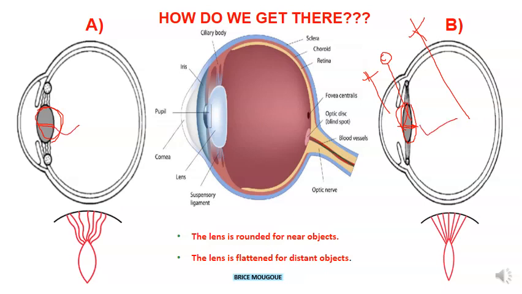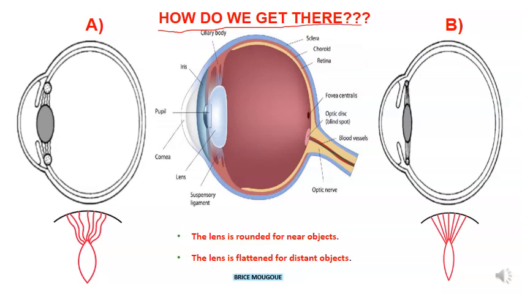So the question is, we have two scenarios. The lens can either be stretched or flat, or it can be more rounded. The question is, how do we get there? How do we get to a more rounded lens?